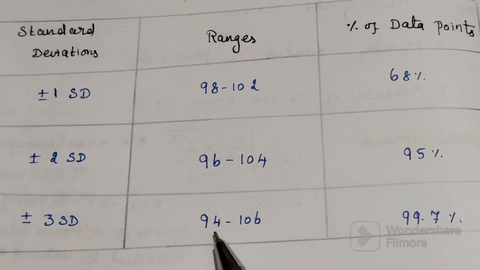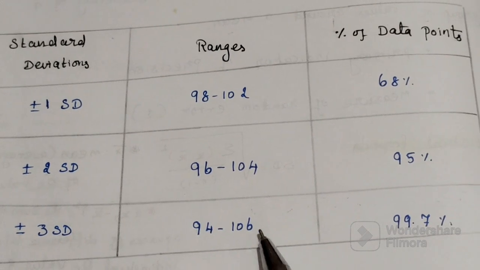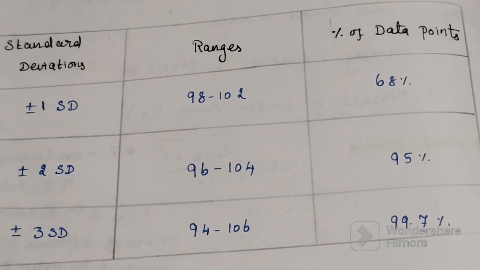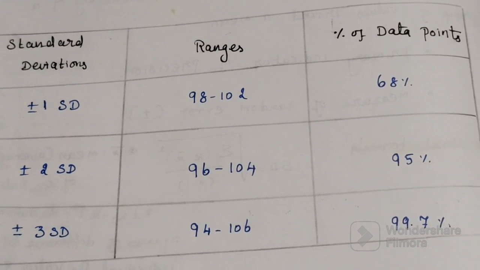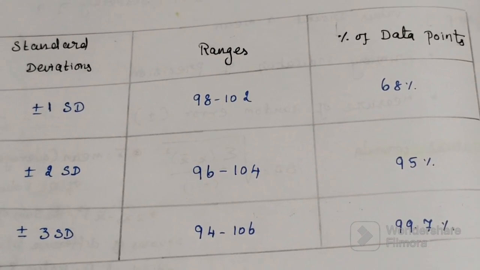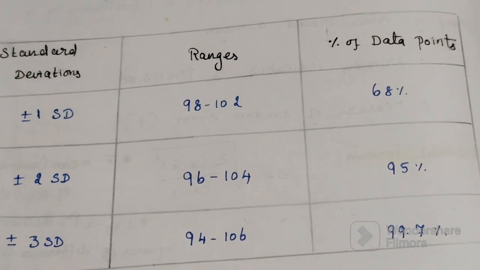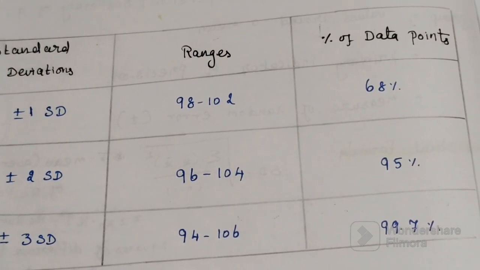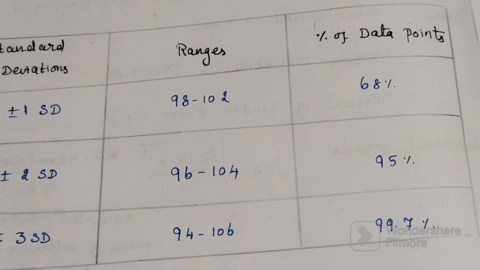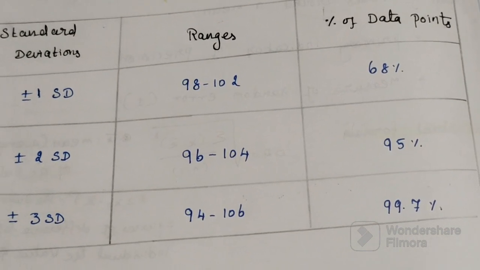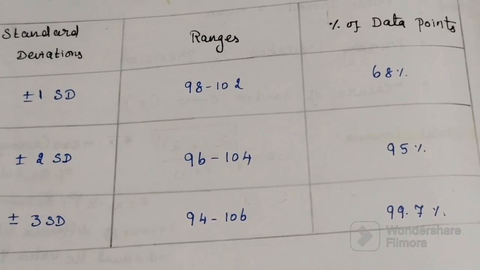Here 100 minus 6, here 100 plus 6, so we get 94 to 106. And 99.7 percent of control values lie within this plus or minus 3 standard deviation range.